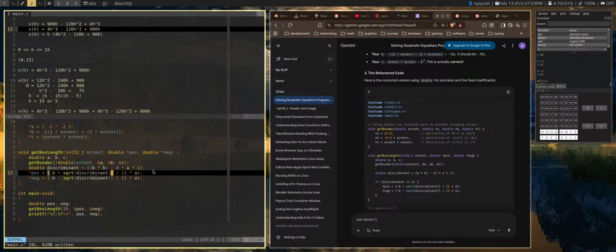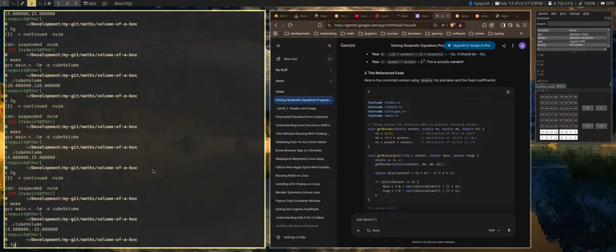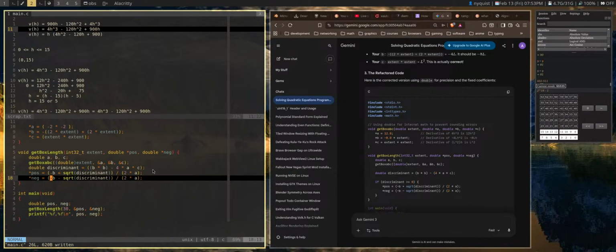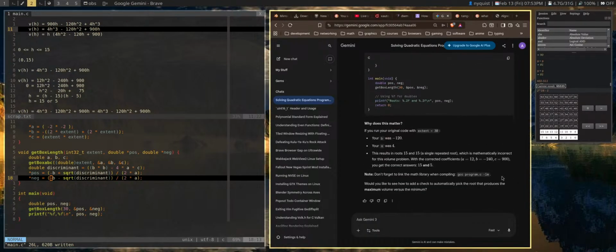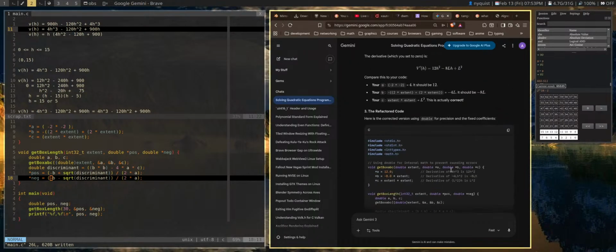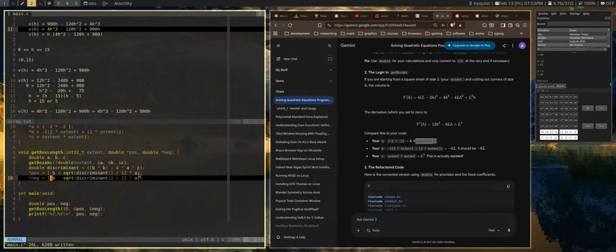Still not the right negative value. It should be 12. It should be 12.